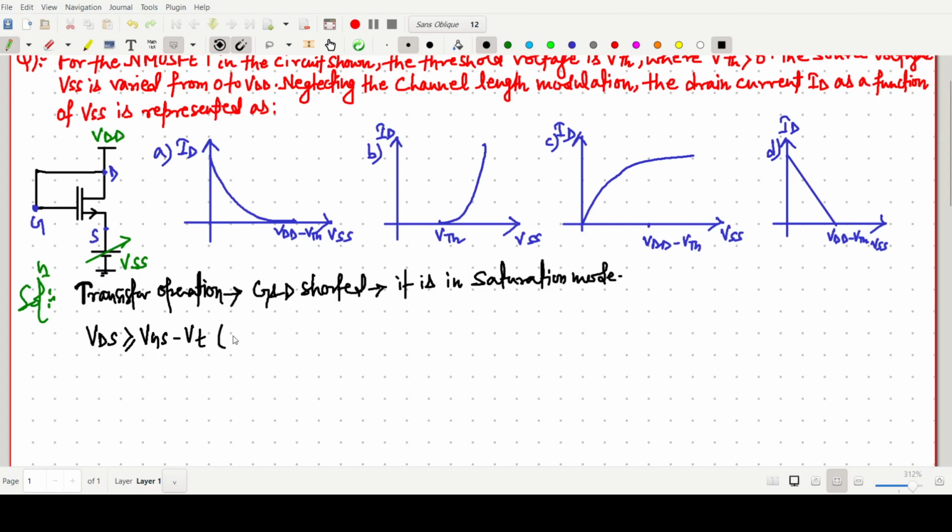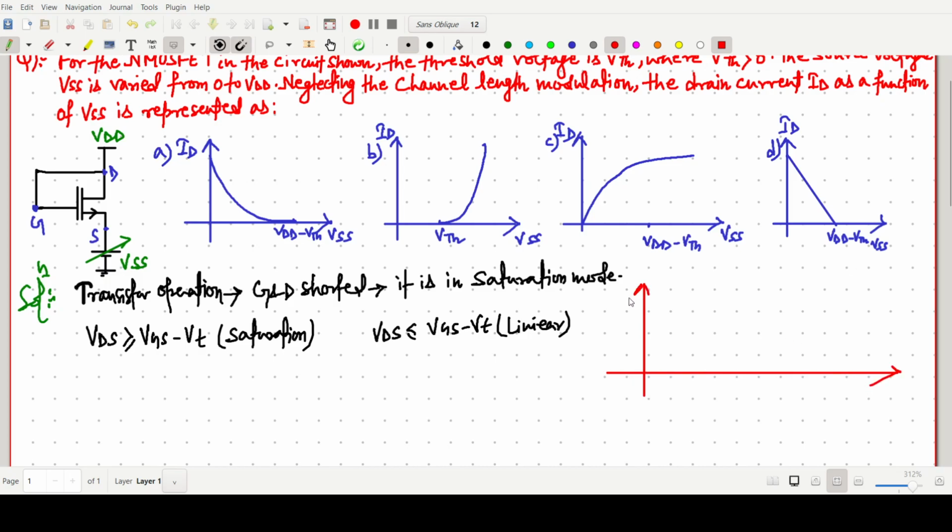And for the linear region, VDS should be less than or equal to VGS minus VT. I am going into more detail because we are doing it in a step by step method.